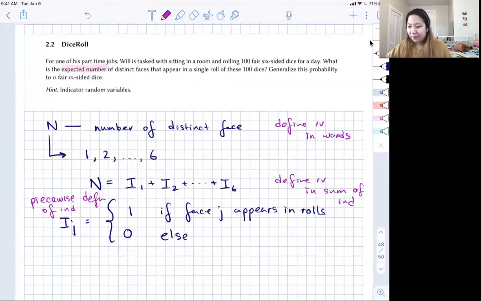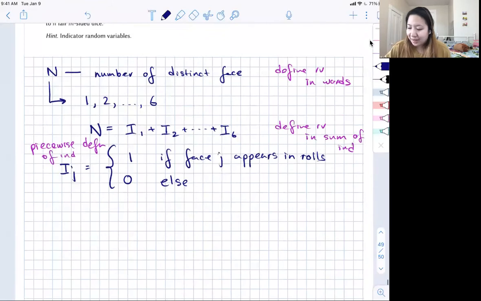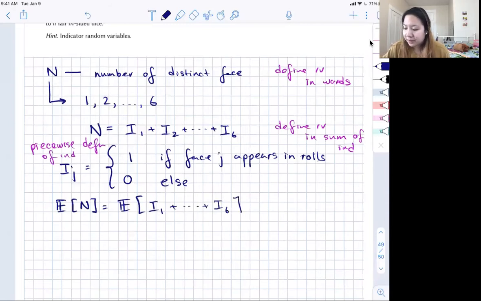Okay, so I'm looking for the expected value of n. So let's just take the expected value. And note that we're going to be able to use linearity. So we use linearity to split this up into a sum of expectations.